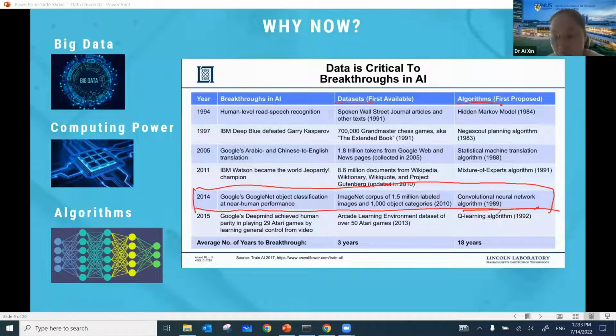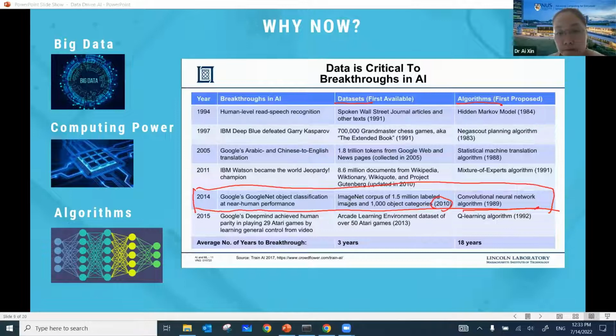Okay, but after that, it was not being used in any real-life industry, I think. It was just limited to the academic area. But until 2010, the ImageNet story.